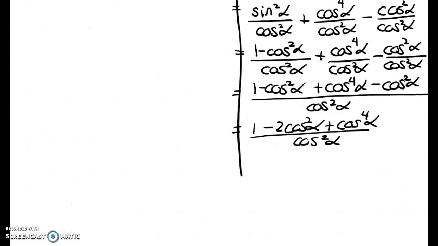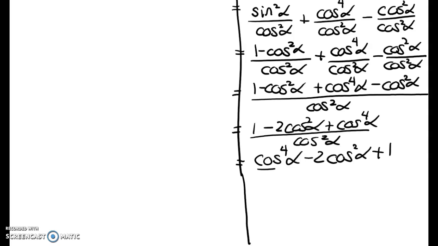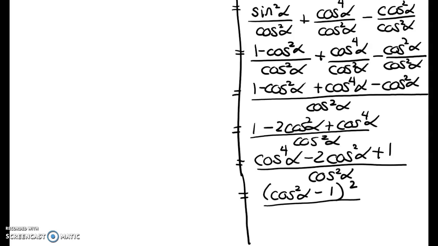And I know that I could switch terms around and factor. So I'm actually going to switch my terms around. I don't know whether I should or shouldn't. I'm just going to switch them around, and then that does factor. That's a nice trinomial, and it factors into cosine squared alpha minus 1 squared.